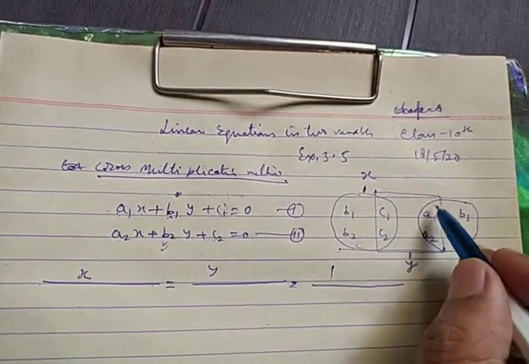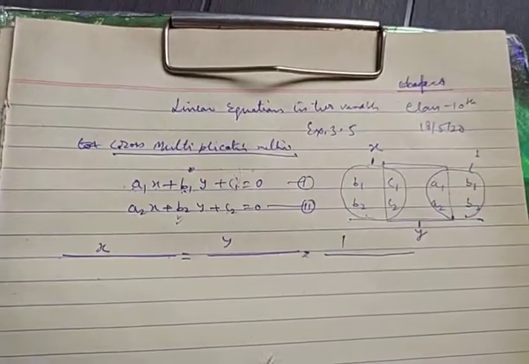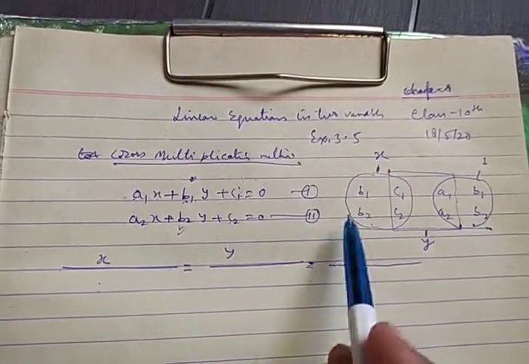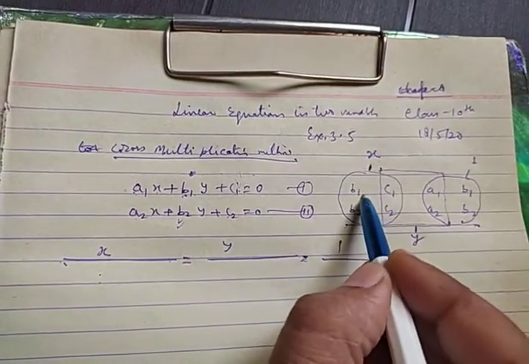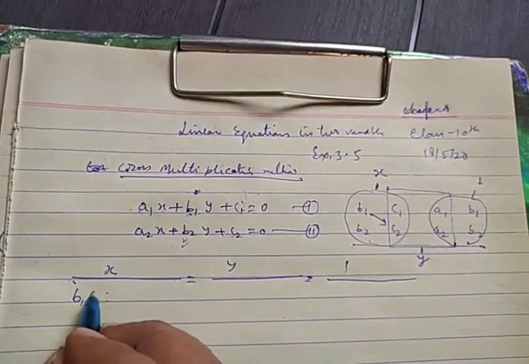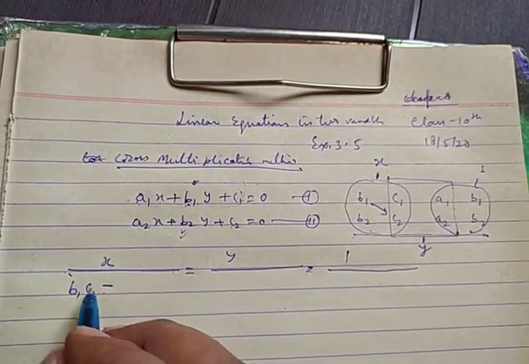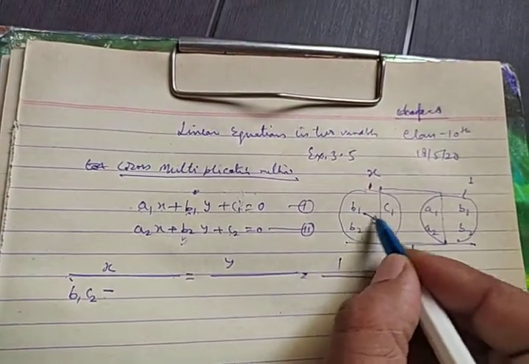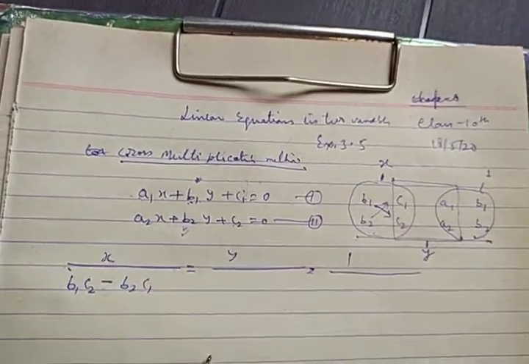I am writing for the separation, and this is for the last term 1. How to write here? In the upon of x, you will multiply these two like b1 c2, then minus is in the formula you can say, and multiply of these two b2 c1.